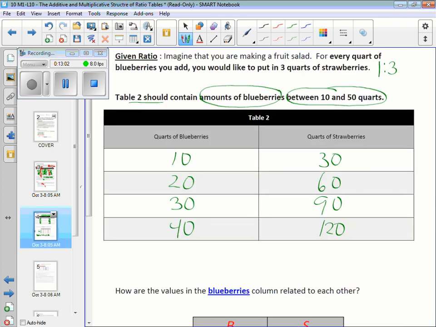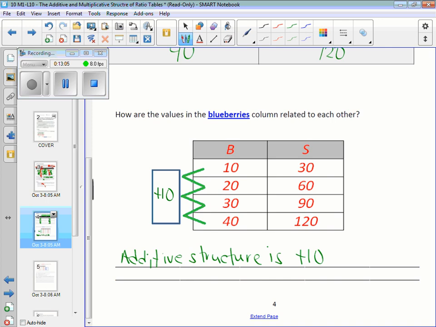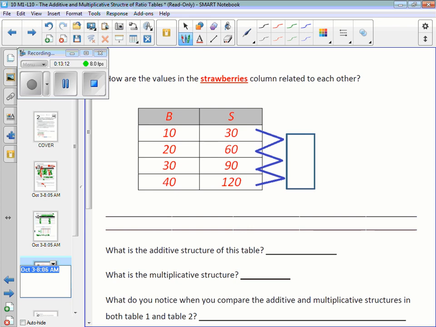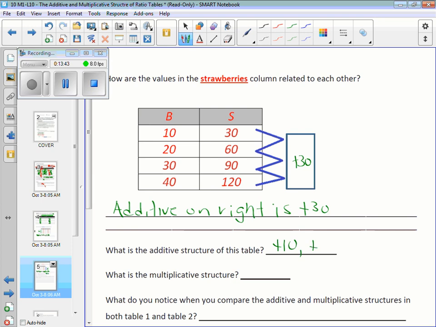And what's the additive structure on the right side? Kristen. Good. We can say that the additive structure for the entire table is plus 10, plus 30.